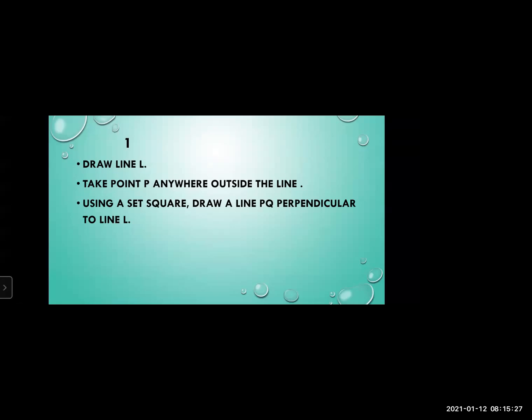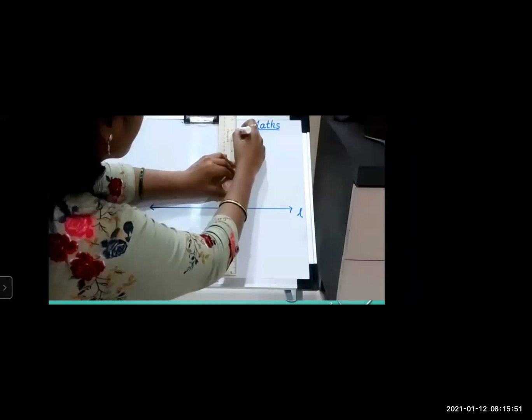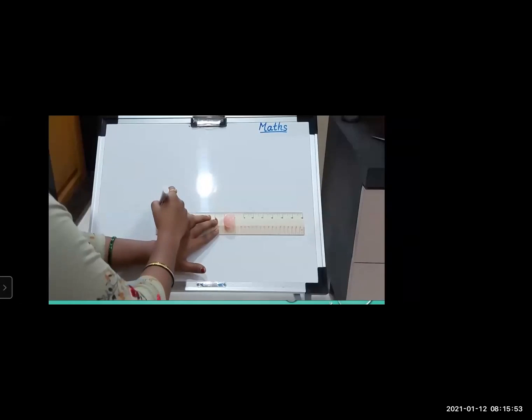Draw a line PQ perpendicular to line L. Now here see, my dear students, the instruction is only that we have to draw a perpendicular line here, not a perpendicular bisector. A perpendicular line can be drawn on the given line at any point, and a perpendicular bisector is exactly at the middle point. Now let's see how to do that.